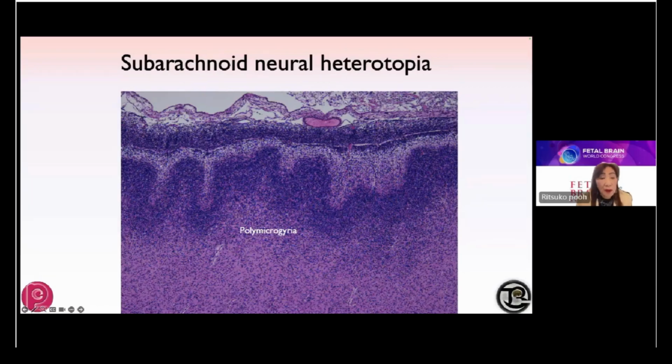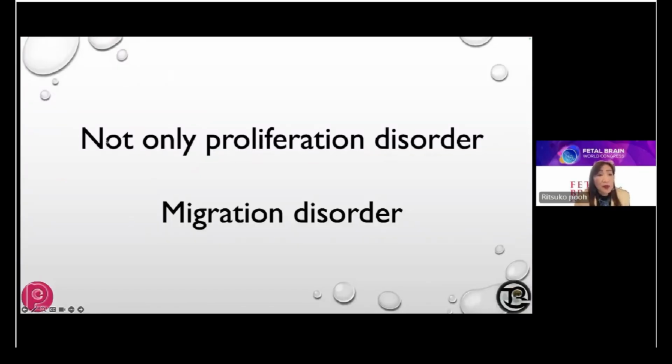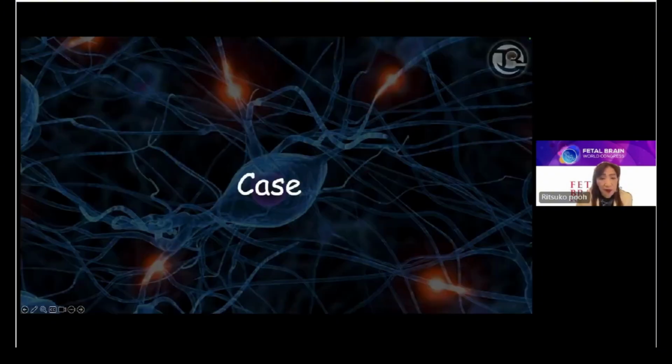This is overmigration, and also here inside, around the ventricle, you can see the subventricular heterotopia. So not only a proliferation disorder, but the same gene causes the migration disorder as well. Already, Yuval explained about that.